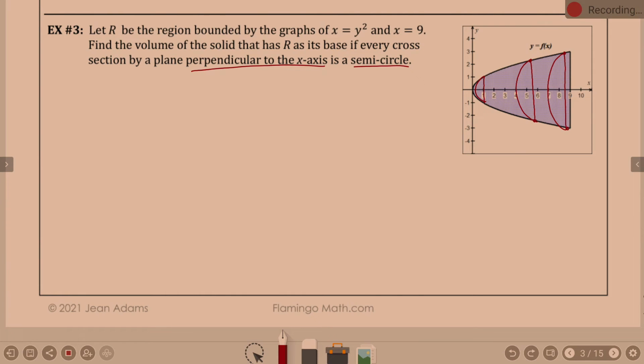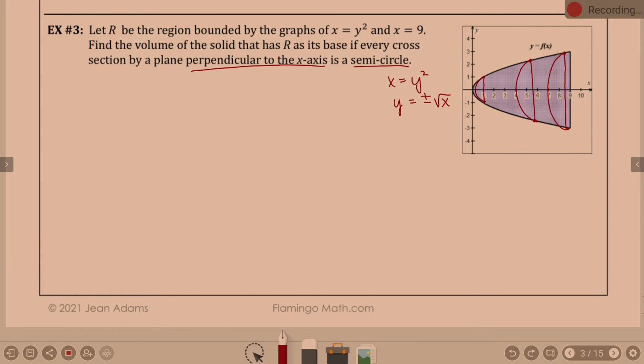Again, these are perpendicular to the x-axis, so we're going to work in terms of x, aren't we? So one of the first things I'm going to do is take my equation and I want to know what it is when I say y equals. And it is y equals, officially plus or minus the square root of x. I'll be honest, most of the time we end up just needing the square root of x part, but out of habit I put it there.